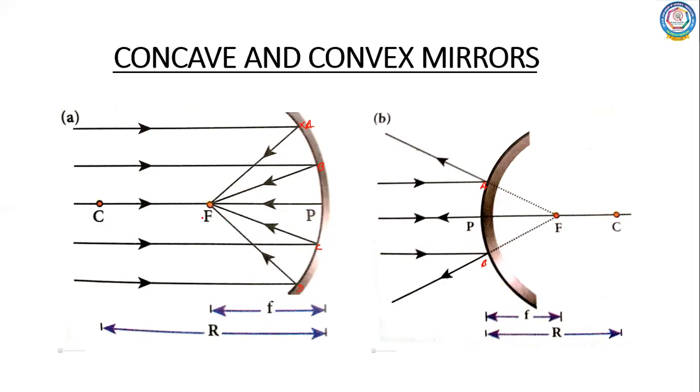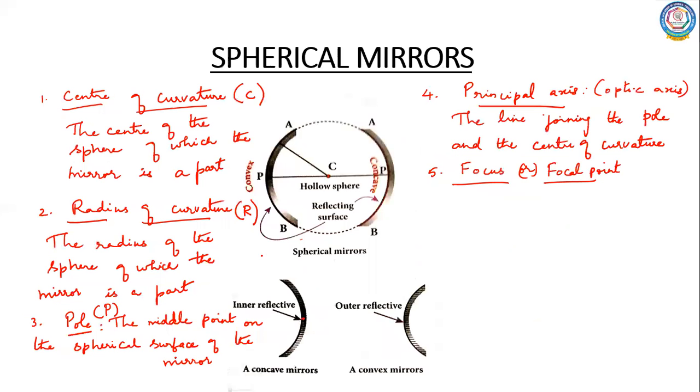So this point where the light rays converge, or this point where the light rays appear to diverge from, you call it the principal focus, or otherwise the focal point. Are you able to understand the definition, children?